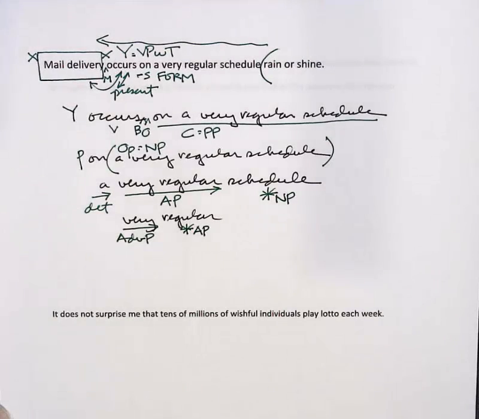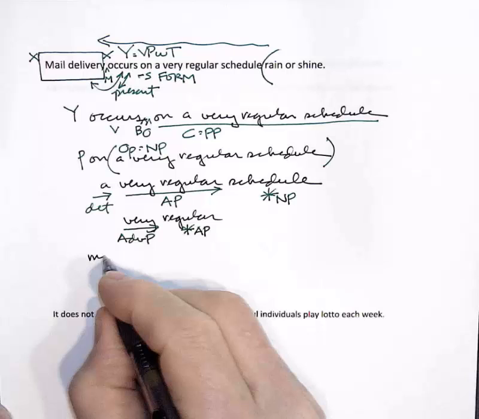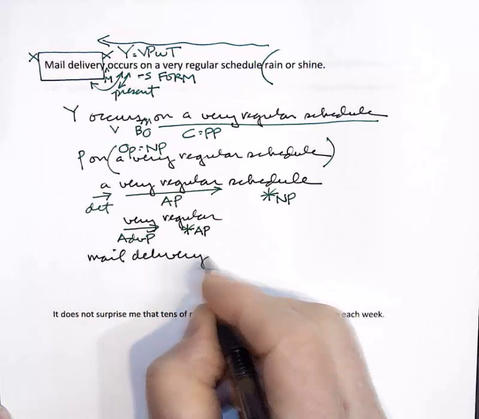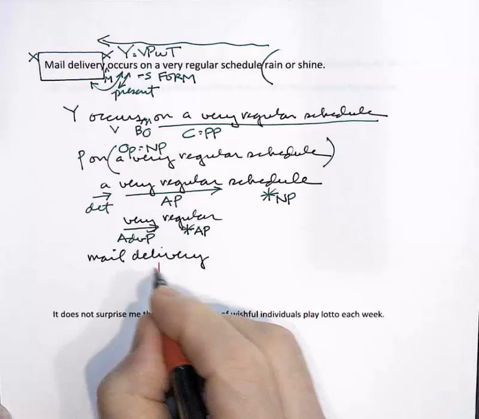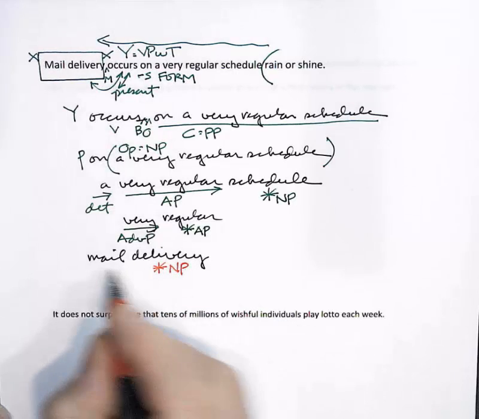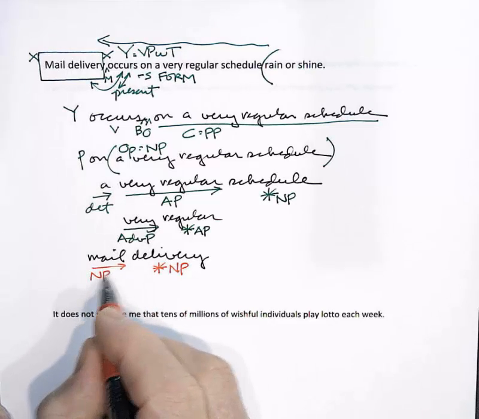Now let's do the subject. Mail delivery. And mail delivery is a noun phrase. Delivery is the noun phrase head, and mail is a noun phrase modifier.